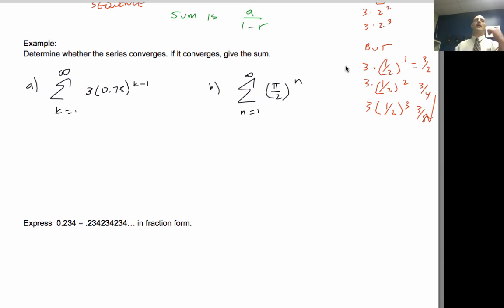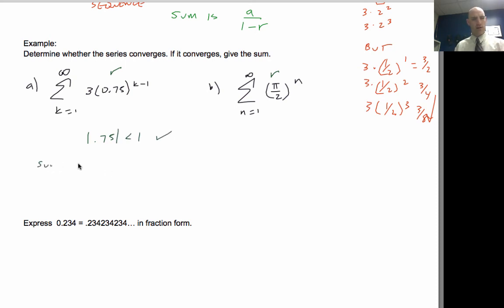Necessary condition. Got to have A is not equal to 0. Boom, that's good. I've got to have my common ratio, the absolute value, be less than 1. So the absolute value of 0.75 is indeed less than 1. Check.